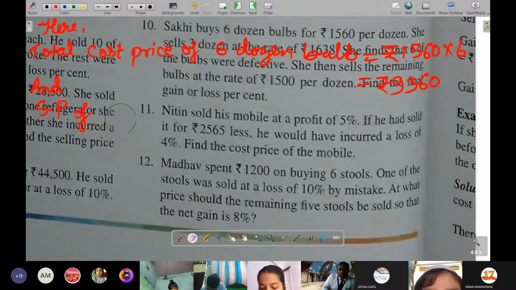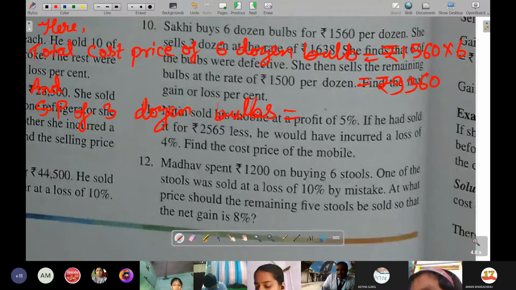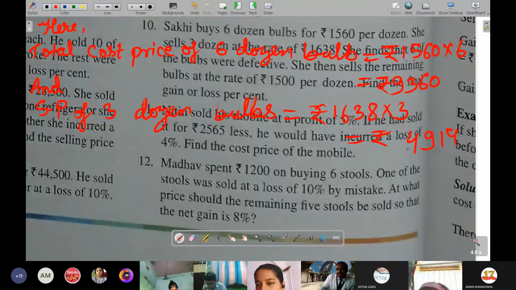So SP of 3 dozen bulbs is equal to rupees 1638 into 3. 8 3 is 24, carry 2, 3 3 is 9 and 2 is 11, carry 1, 6 3 is 18 and 1 is 19, carry 1, 3 1 is 3 and 1 is 4. So 4914 she got by selling 3 dozen bulbs.